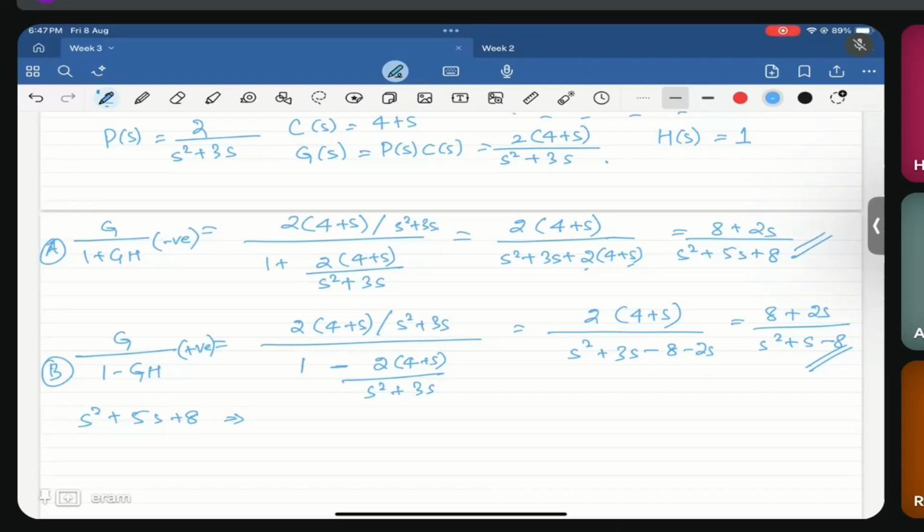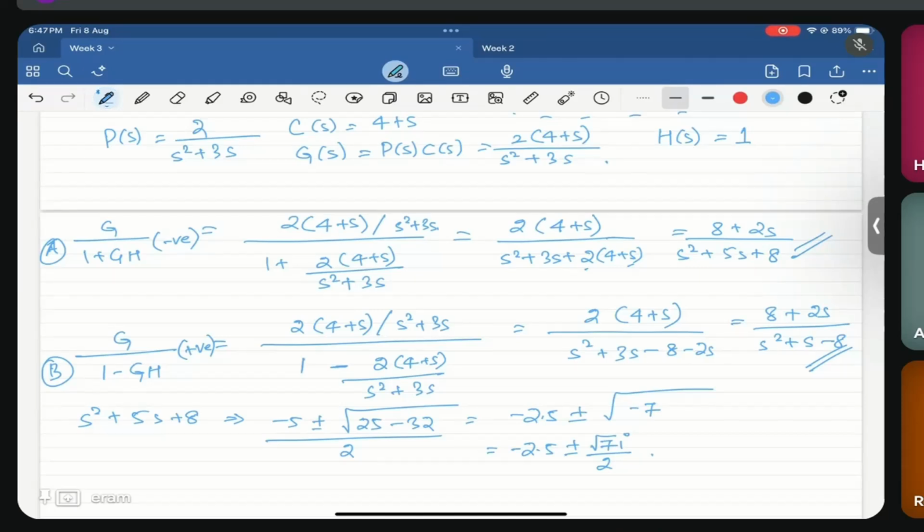I think no. So it will be minus b, which is 5, plus minus under root b square minus 4ac, divided by 2. So it is minus 2.5 plus minus 25 minus 32 is minus 7. Okay, so it is minus 2.5 plus minus root 7i by 2.